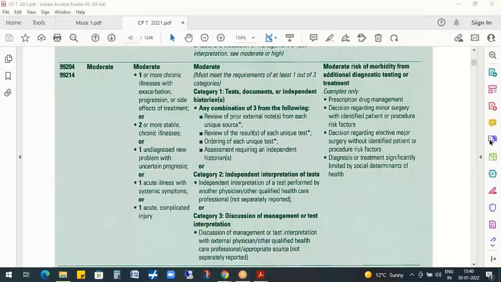Only MDM. For the remaining case studies, just read the code description and then read the question. Practice only the 10 case studies today. Again, you will get an idea. Follow like this, what I am saying.